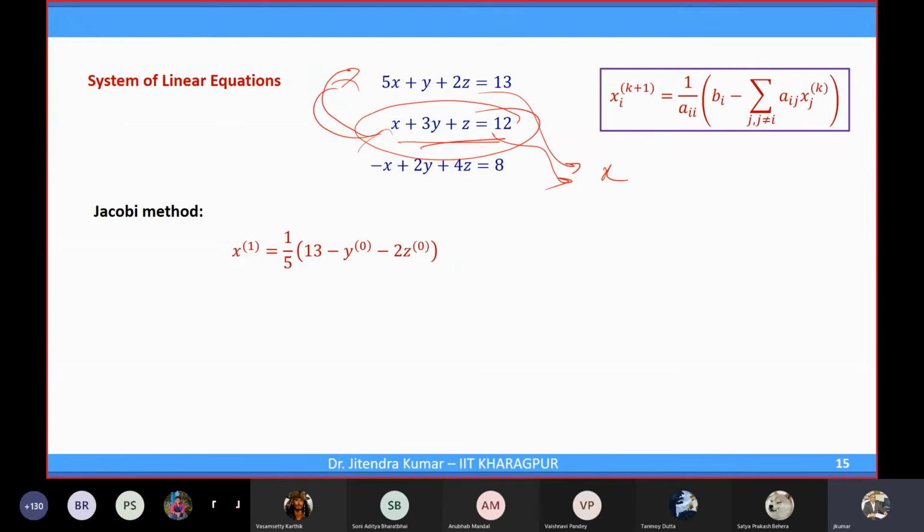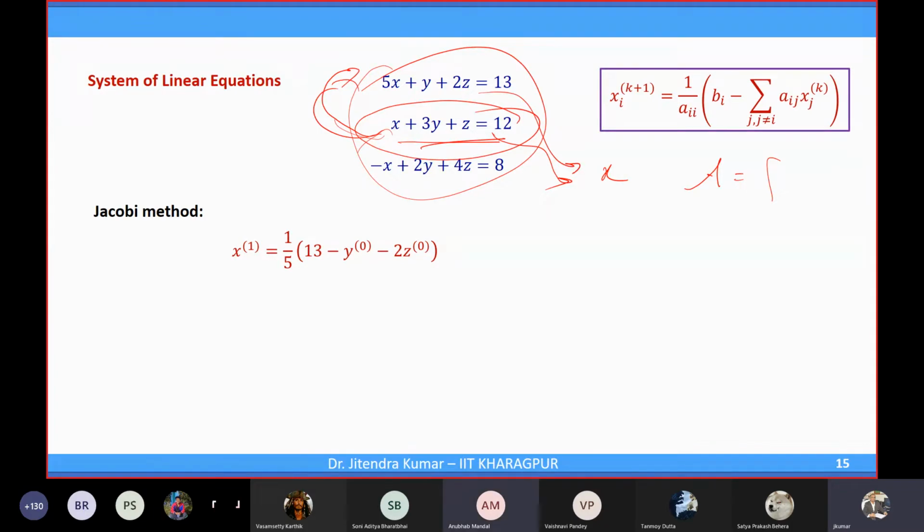Because if I want to write it in matrix vector form, I need that coefficient matrix A. So what you are asking is whether you can change the order of the equations. Yes, you can change, and your answer will also be different.